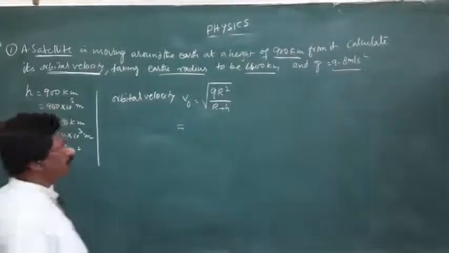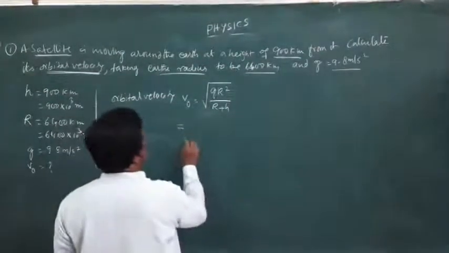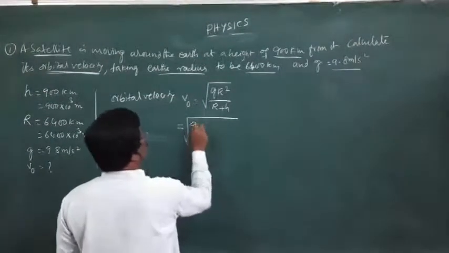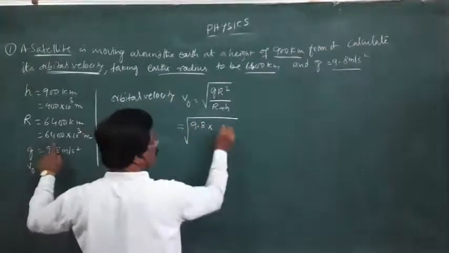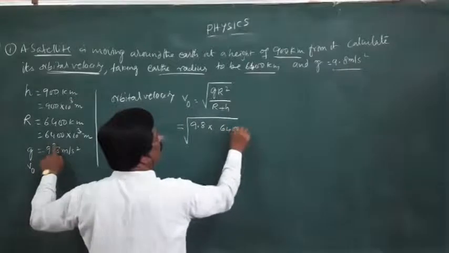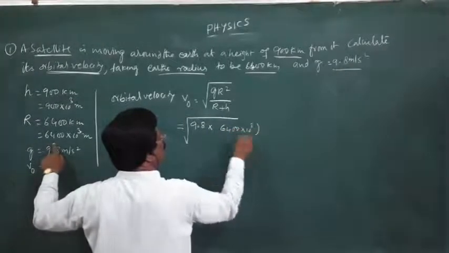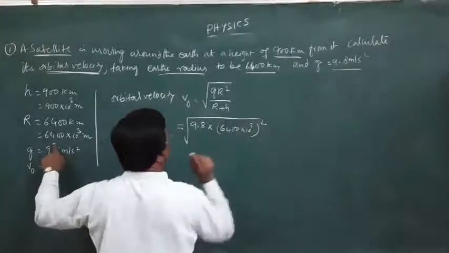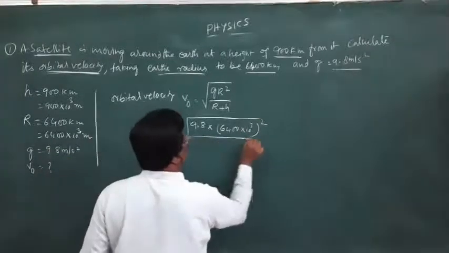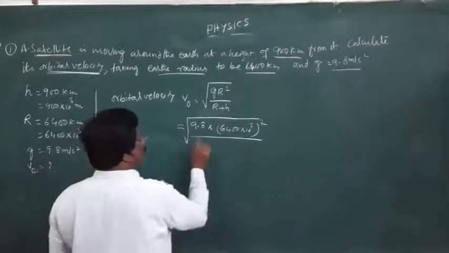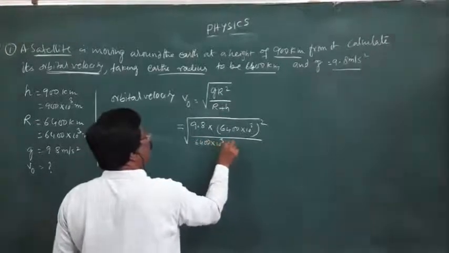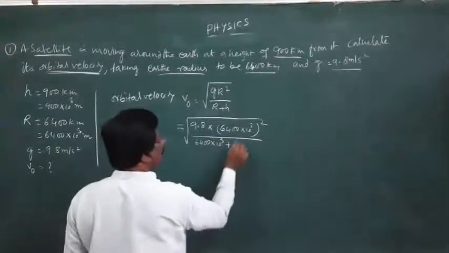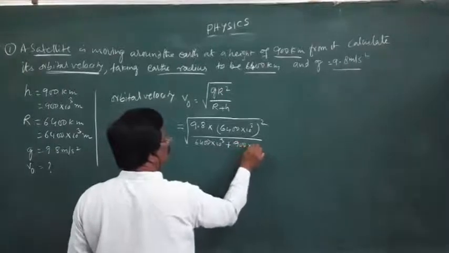So I write the values. Square root of 9.8 into 6400 into 10 raised to 3 whole square, this whole thing divided by 6400 into 10 raised to 3 plus 900 into 10 raised to 3.